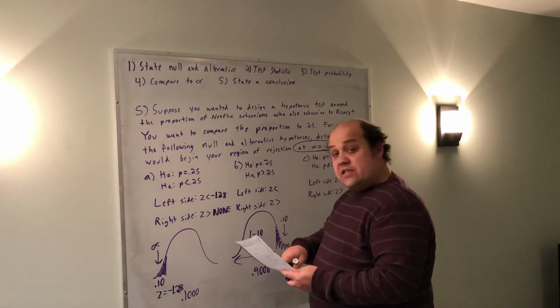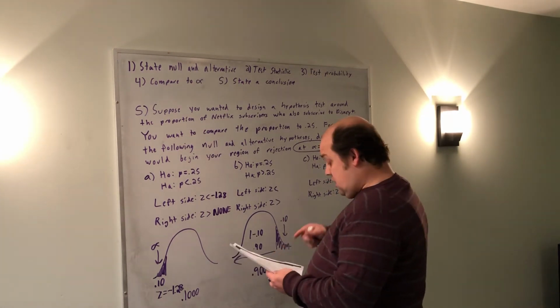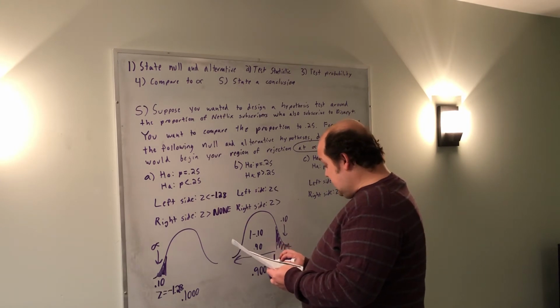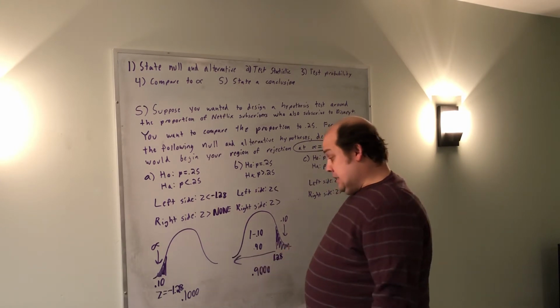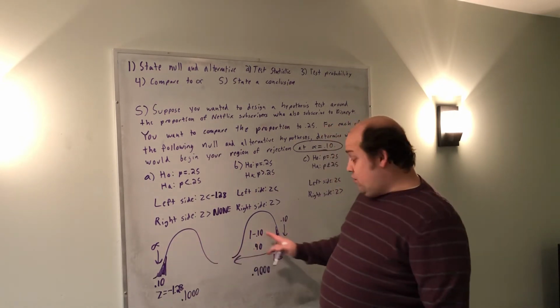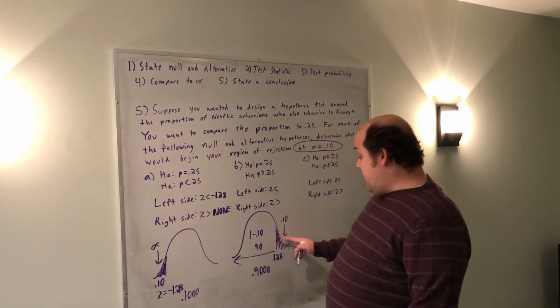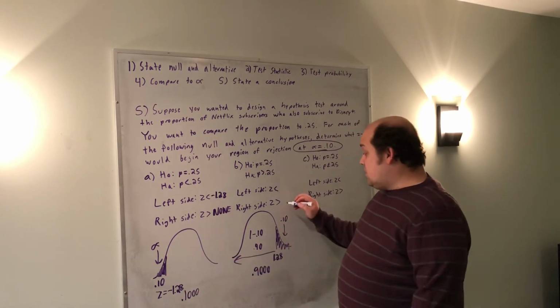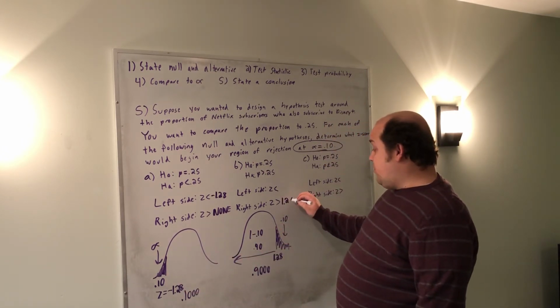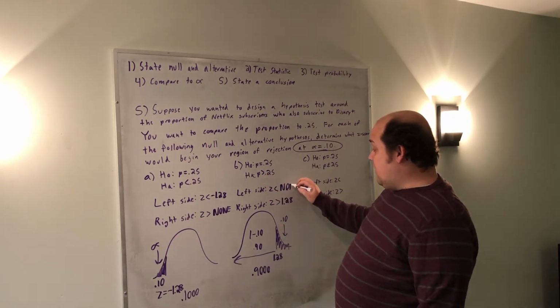The one that's closest to 0.9000 is 0.8997. That's why this choice is 1.28. Really, I could have known that because it's a symmetric table, whatever the left-sided value is as a negative will be the right-sided value as a positive. So here the right-sided value is 1.28. Because it's a greater than test, there is no left-sided value.